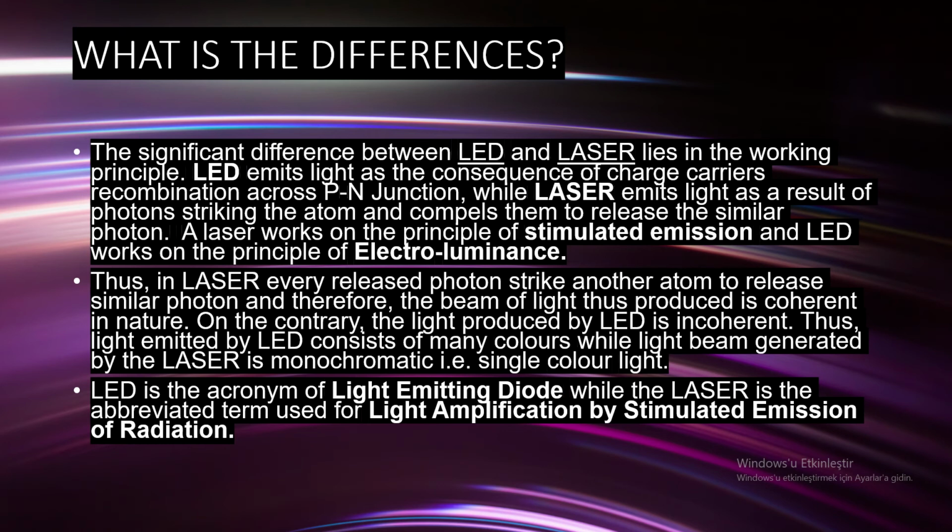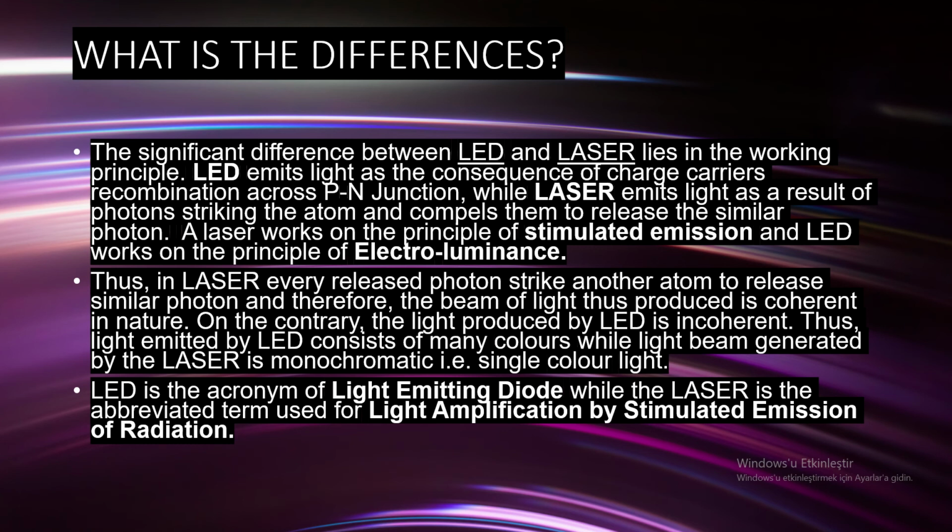The significant difference between LED and laser lies in the working principle. LED emits light as a consequence of charge carrier recombination across the p-n junction, while laser emits light as a result of photons striking the atom and compelling them to release a similar photon. A laser works on the principle of stimulated emission, and LED works on the principle of electroluminescence.